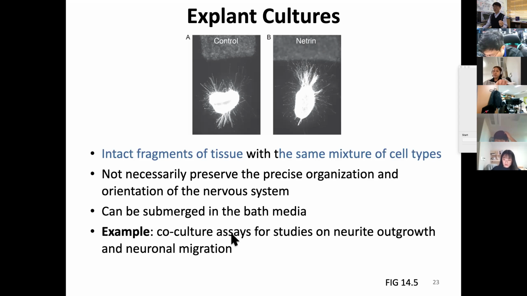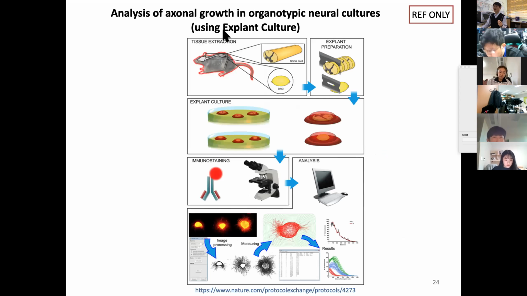Okay, so co-culture assays studying neurite outgrowth. You see neurite outgrowth and neuronal migration. Explant culture is a good way. So for example, axonal growth of organotypic neural culture using explant. For example, spinal cord DRG, which stands for dorsal root ganglion.